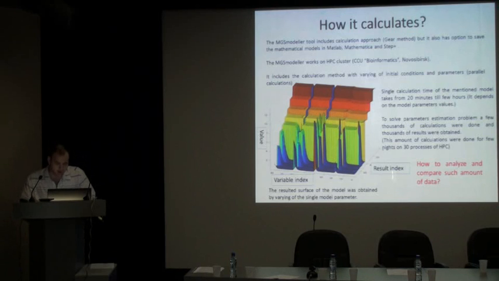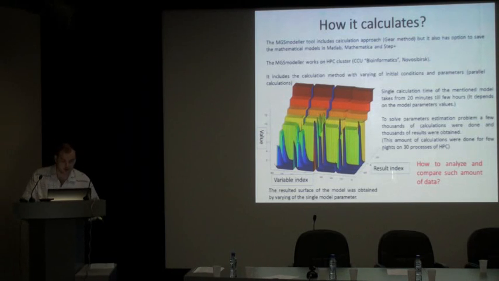It works on a high-performance cluster. So to use the advantages of high-performance calculation, we developed a model calculation method with initial conditions and parameters varying. We have used this method to solve the parameter estimation problem. As a result, we obtained thousands of calculation results.